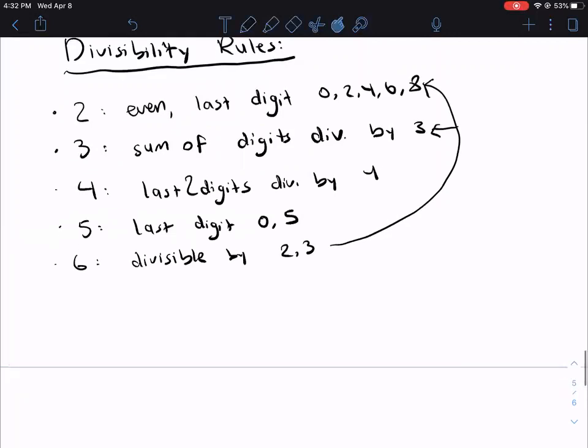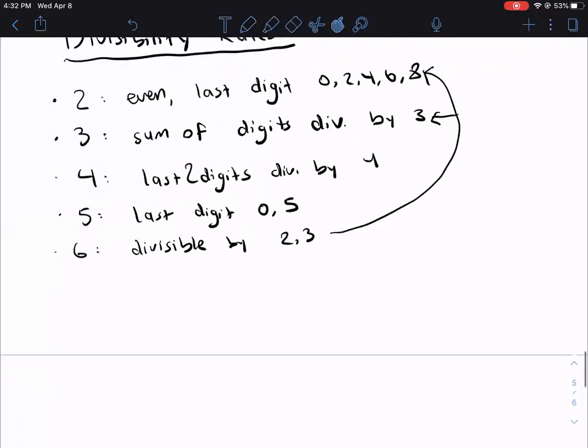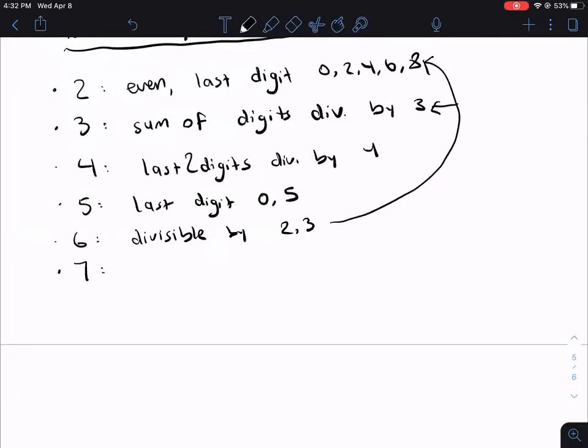Okay. For 7, there is a rule, but it's kind of bad. So the rule, you take a number. For example, let's say we have 53724.